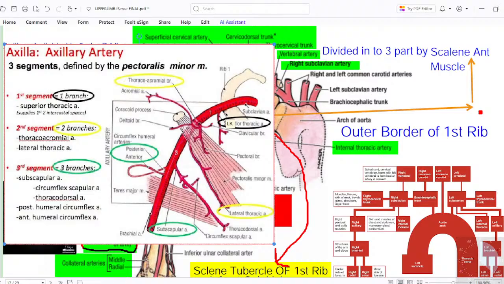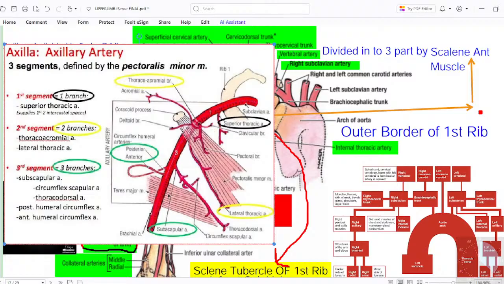I said about the clavicle, but it should be the lateral margin of the first rib. When it crosses the lateral margin of the first rib, then it takes the name of axillary artery. So the subclavian artery becomes the axillary artery.